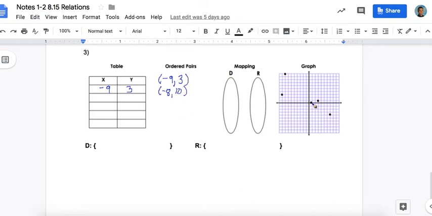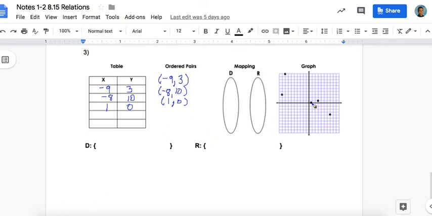And then this one, I know it's very difficult to see. It's supposed to be 1, 0. So over 1, up 0. It was very difficult to create, but that's what it's supposed to be. So 1, 0. And we forgot to put -8, 10 over here. And now we'll do 1, 0. Now we're all caught up there.